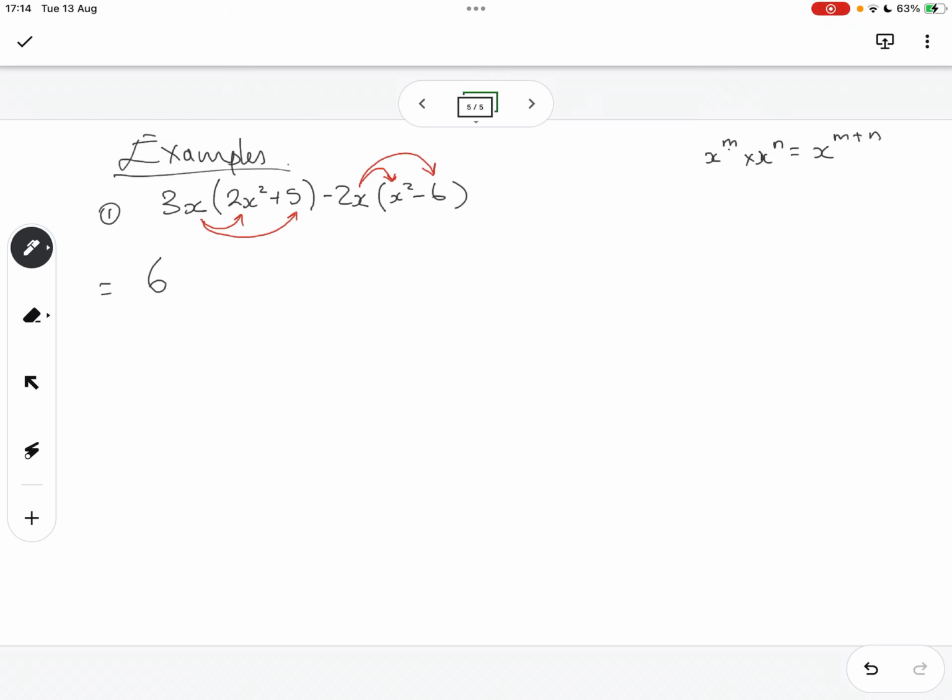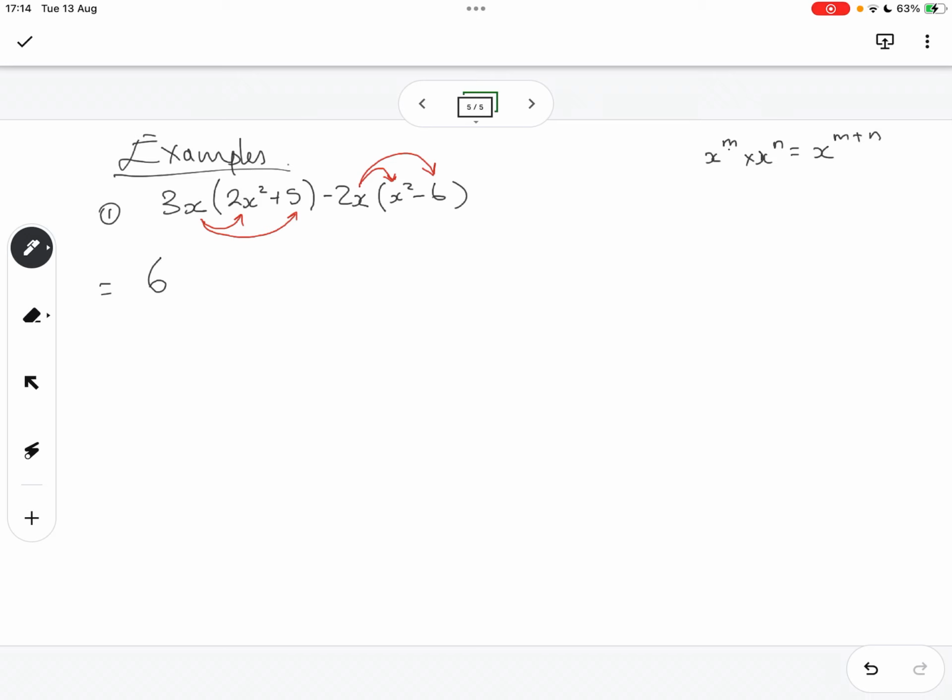Remember, if we have x to the power m multiplied by x to the power n, the bases are the same, so we simply add the exponents. So if x to the power 2 is multiplied by x to the power 1, what would we get for the exponents?